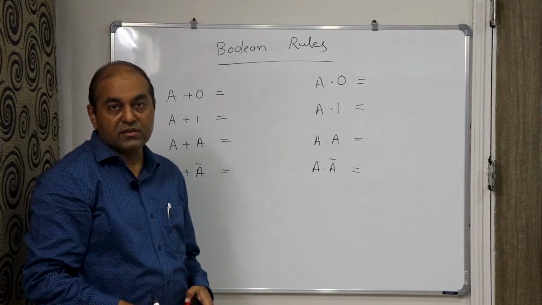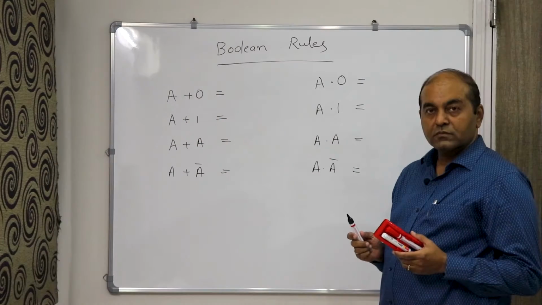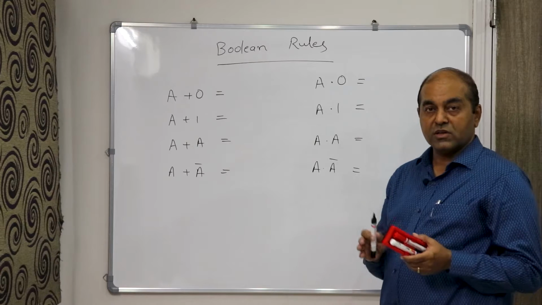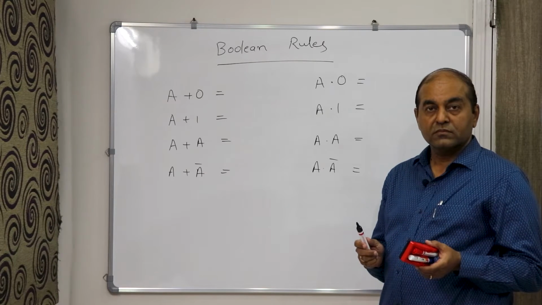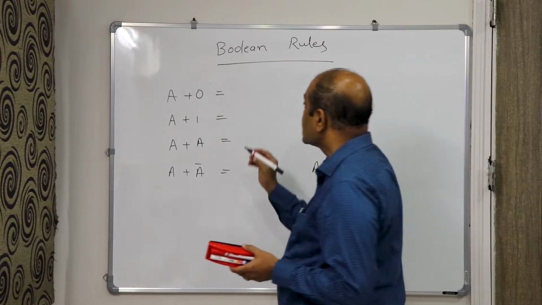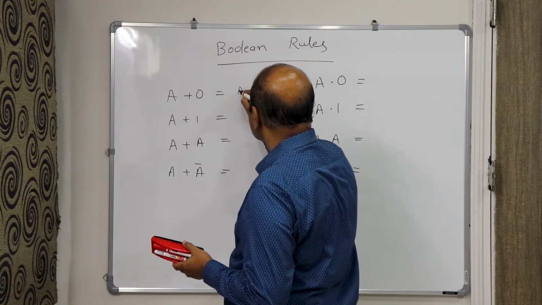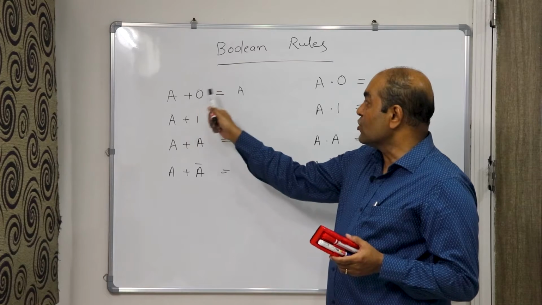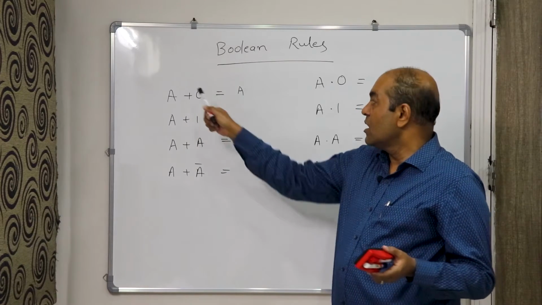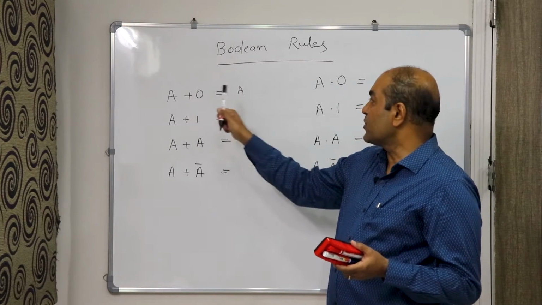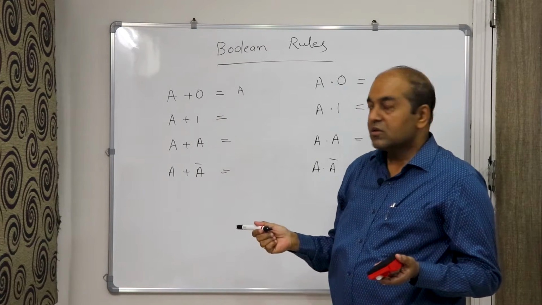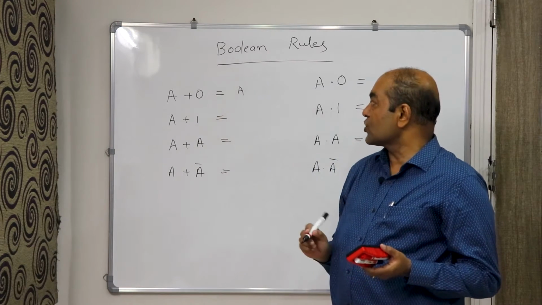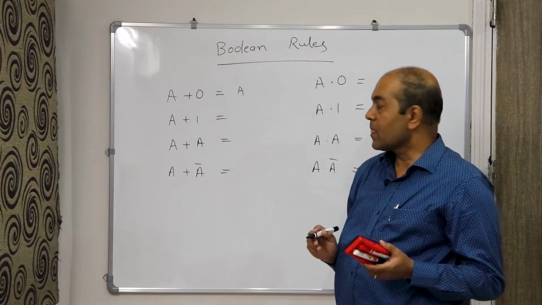So write down your answers. A plus 0, answer may be A, 0, 1. Answer is A. See, if A is 0, then 0 plus 0 is 0, and if A is 1, then 1 plus 0 is 1. So it follows the action of A.